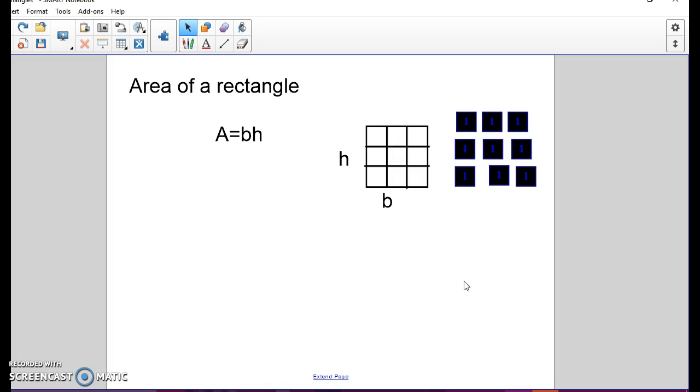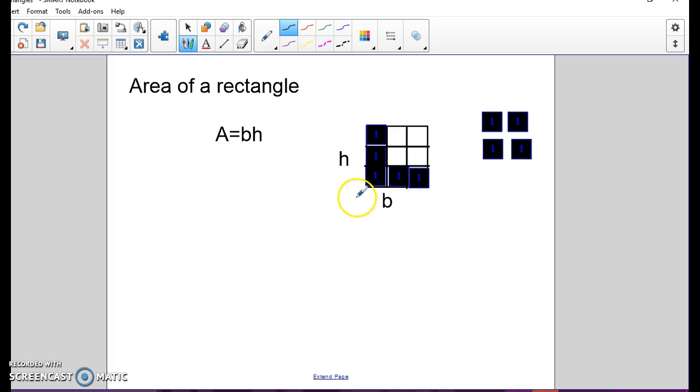So the area of a rectangle is base times height. And that is because we have B columns, each with H 1x1 squares. And so it's B times H 1x1 squares, which would be area equals base times height. So in this example, we would say that there are three 1x1 squares in the base and 1, 2, 3 in the height.